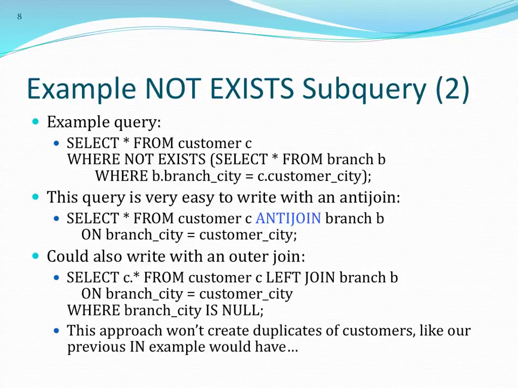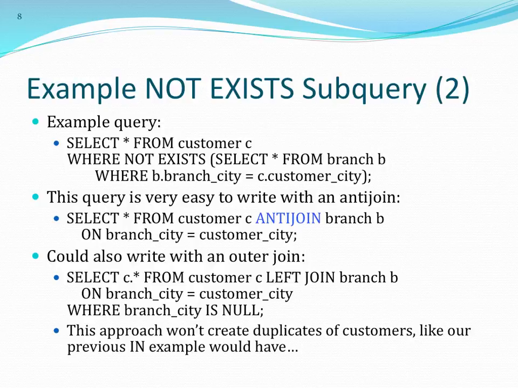But is the second or the third version going to do more work? Consider do more work in terms of generating rows. Again, imagine a situation where the customer has 10 branches that are in the same city as the customer.